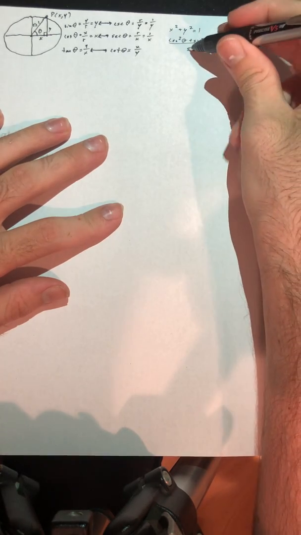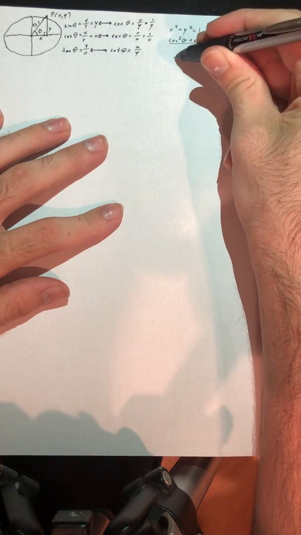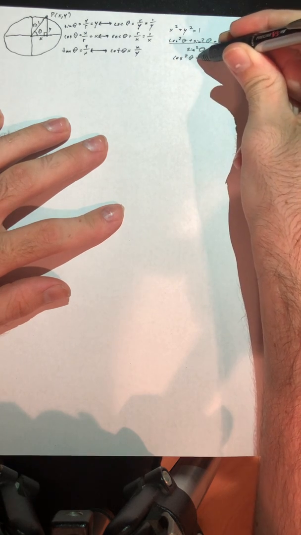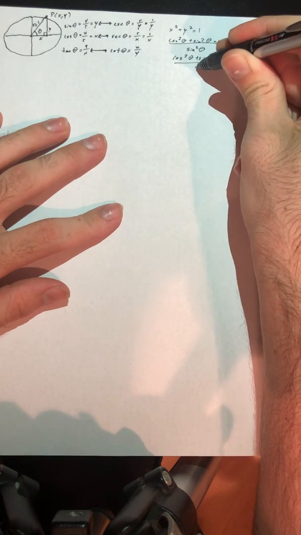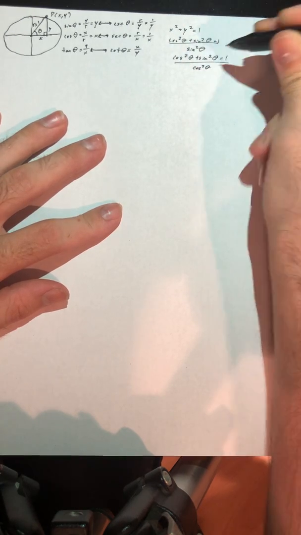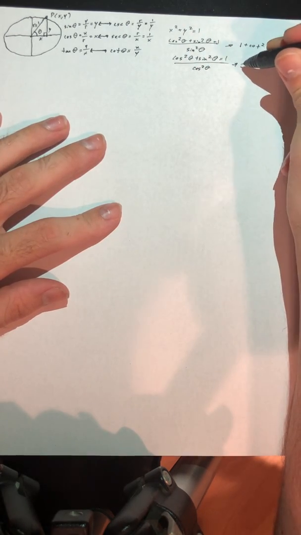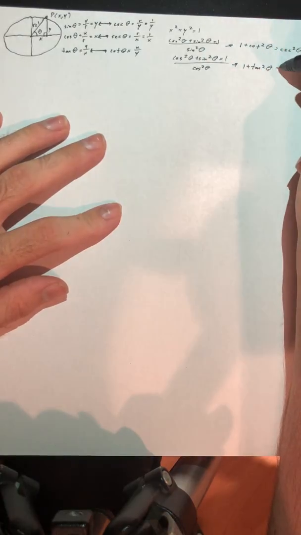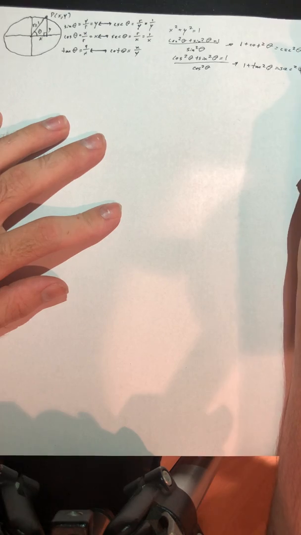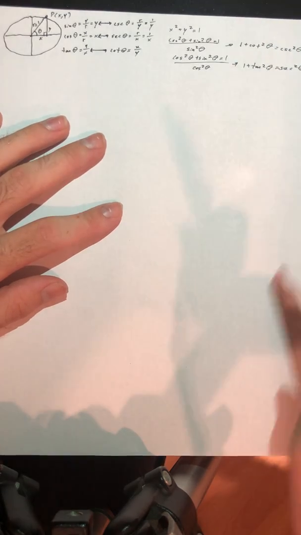And if you divide both sides by cosine squared theta, then you get the third Pythagorean identity, which is 1 plus tan squared theta is equal to secant squared theta. And these are going to be very important to know.